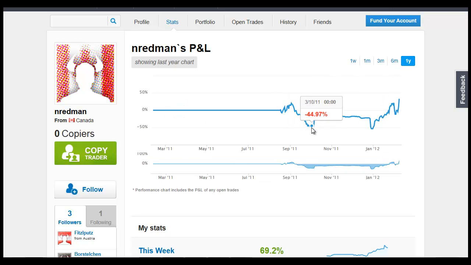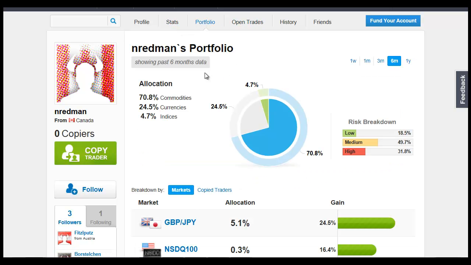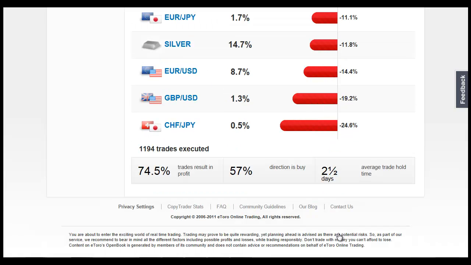As you can see, this trader, although it had some bad days, is kind of on the horse, as you can say, or on the trend. If you look at his portfolio, you have to check first what is the average time he holds, which is 2.5 days, which is good for us.